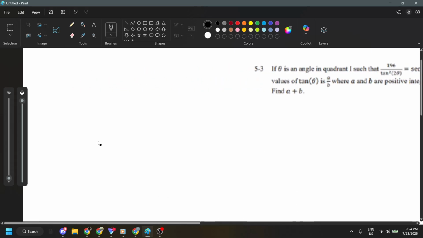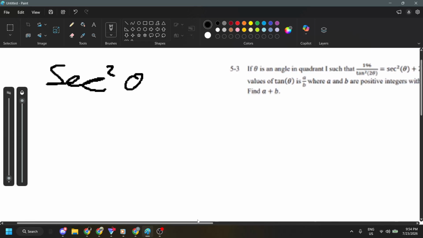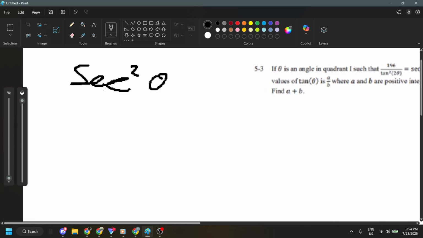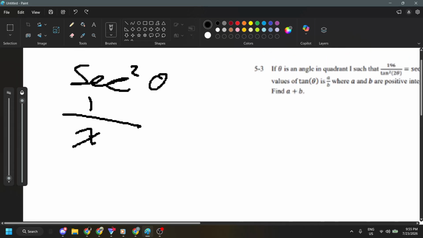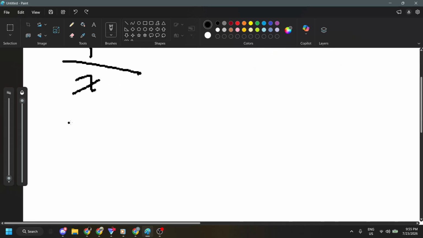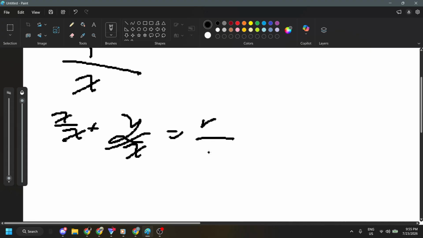Okay, secant squared of theta. Secant is 1 over cosine, so it's 1 over x. So x over x plus y over x is equal to r over x.